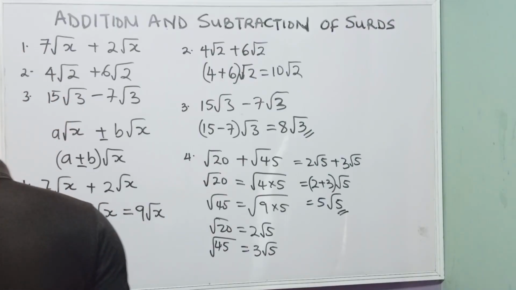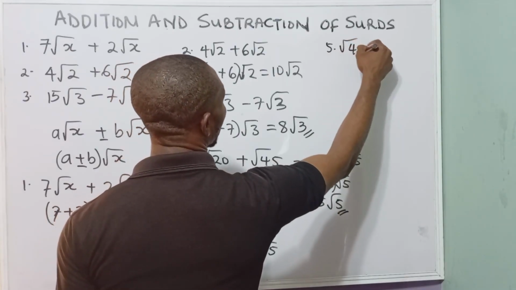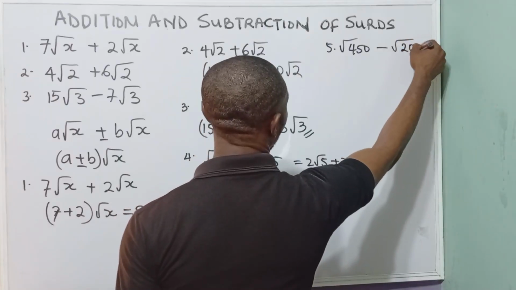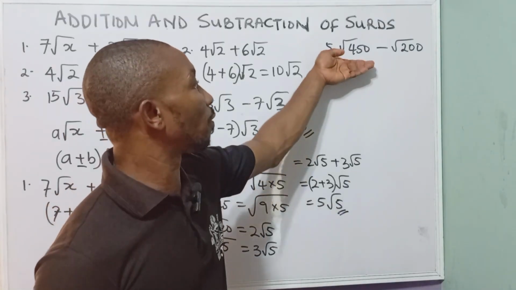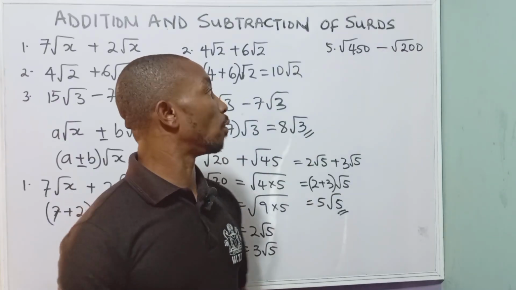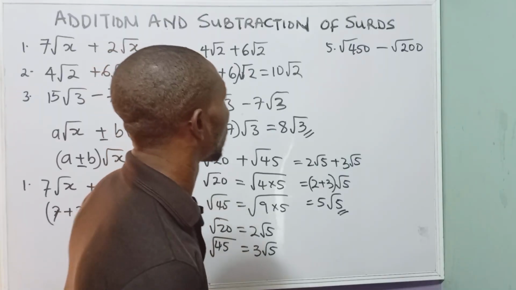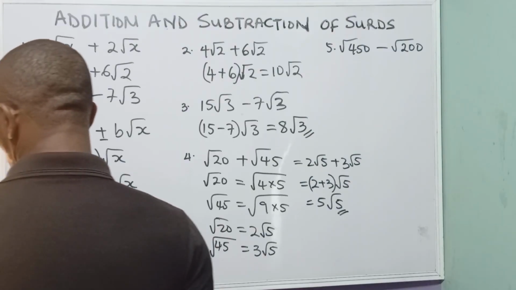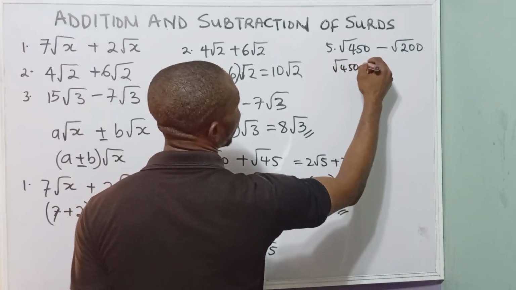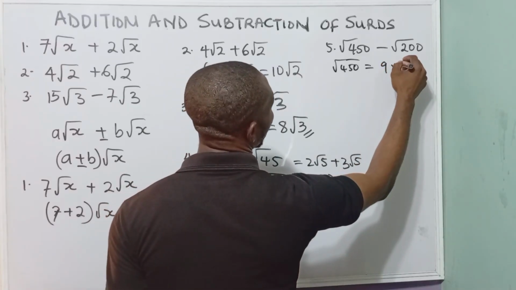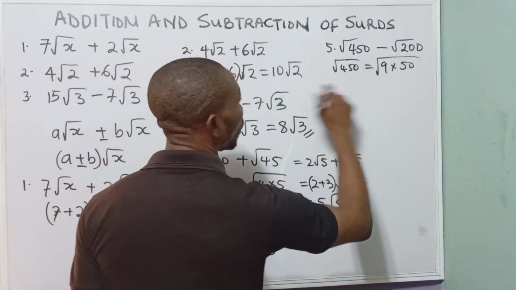Okay, let's look at another example where we have 5 root 450 minus root 200. Same thing, we are going to simplify our root signs by looking for the perfect squares in them. For 450, we have it as 9 times 50, since 9 times 5 is 45, times 10 will give us 450.